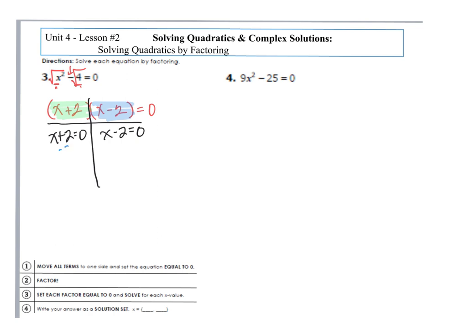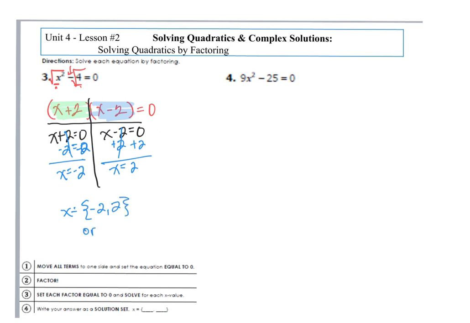So on the left side, we're subtracting 2 from both sides. And we get x equals negative 2. On the right side, we are adding 2 to both sides to isolate x, and we get x equals positive 2. So to write these solutions, we would say x is equal to both negative 2 and positive 2.